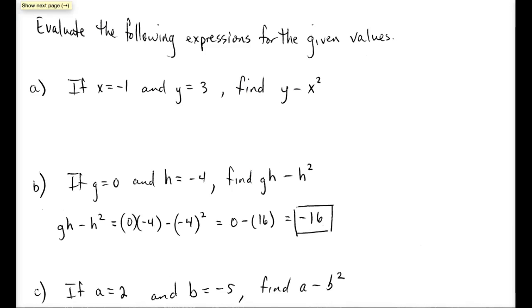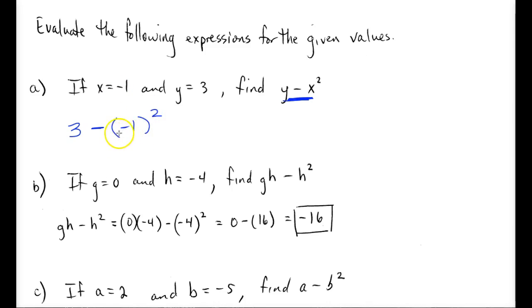All right. So let's evaluate the following expressions for the given values. We have this expression here, and we want to evaluate it when x is negative 1 and y is 3. In place of y, we're going to put 3, and in place of x, we're going to put a negative 1.